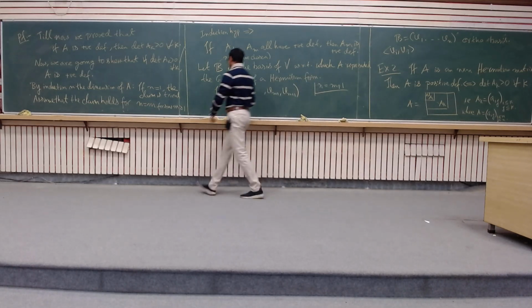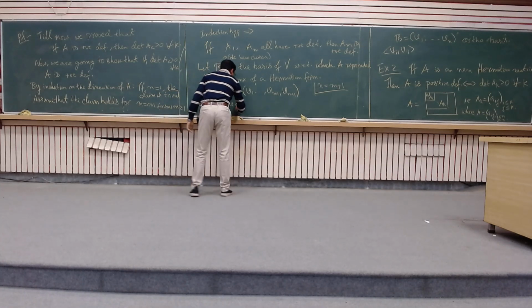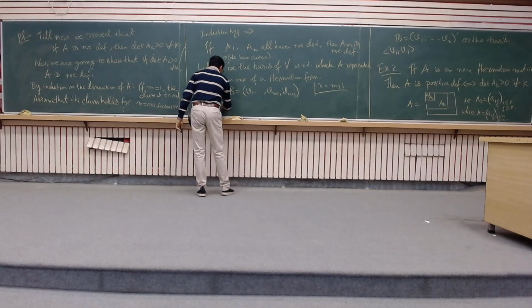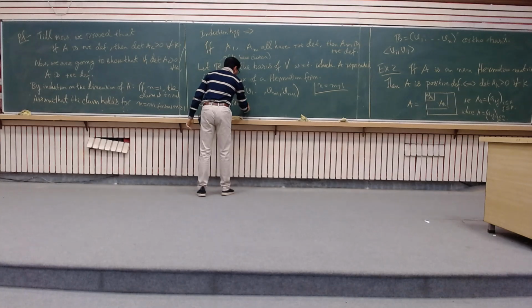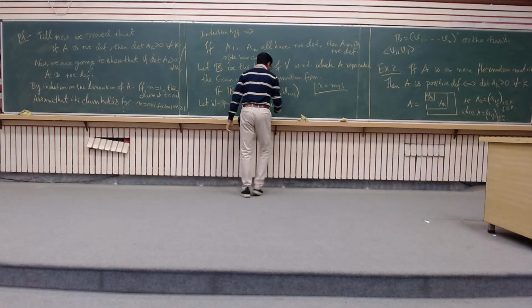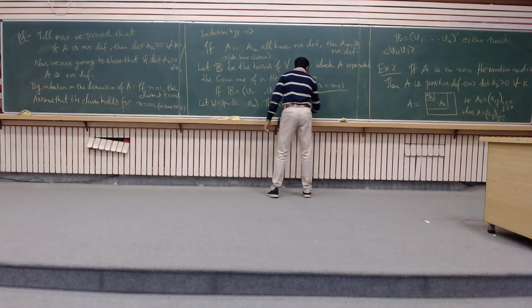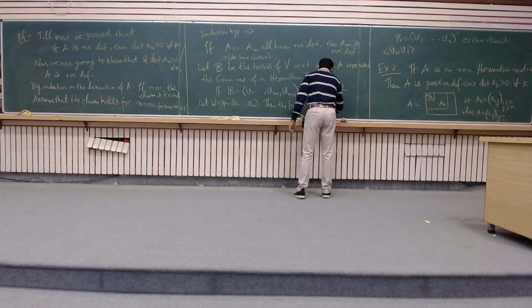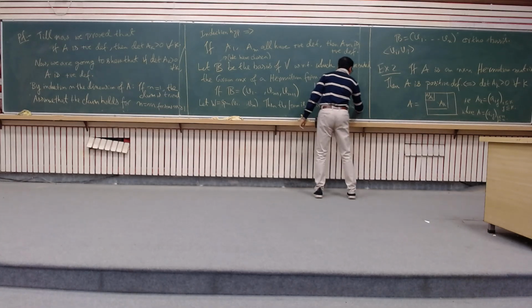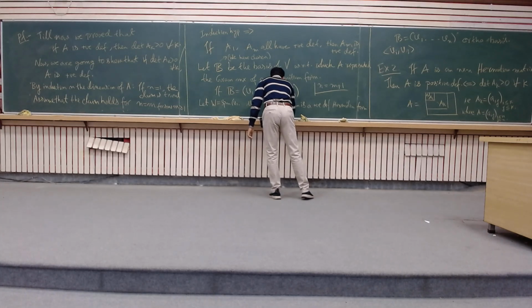Okay. So let W be just the span of V1 dot dot dot Vm. Then the form is a positive definite Hermitian form on W, right?